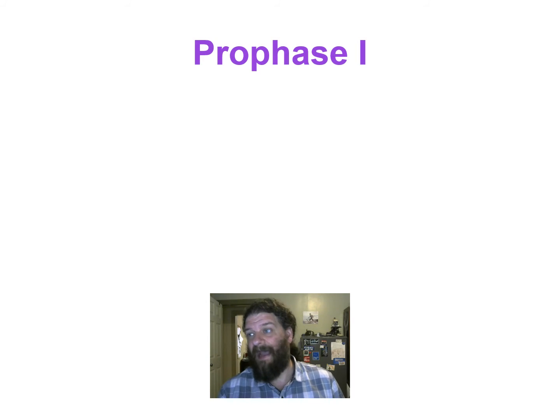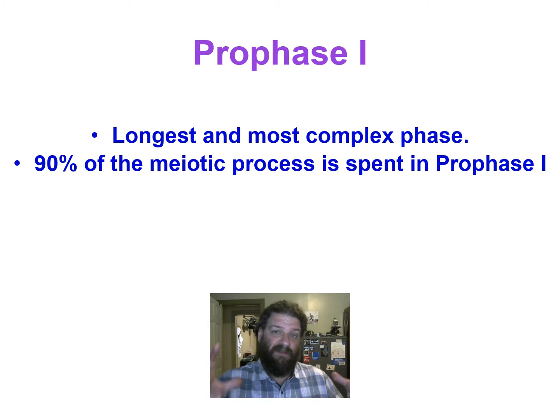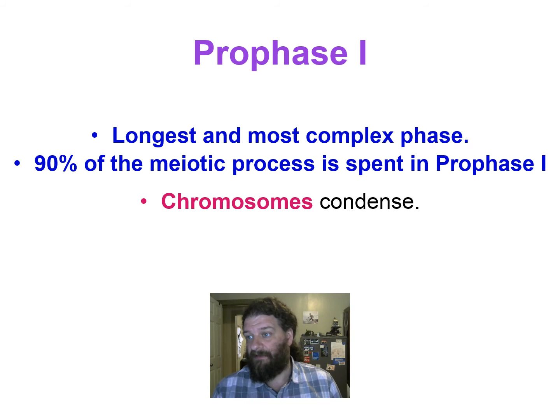The way this happens during prophase, just like in mitosis, is that it's going to take a long time because we have to condense all of that genetic material, arrange it into chromosomes, build all those spindle fibers, move the centrioles, and connect the spindle fibers to the centromeres. We also have an added step. There we go, chromosomes condensing.